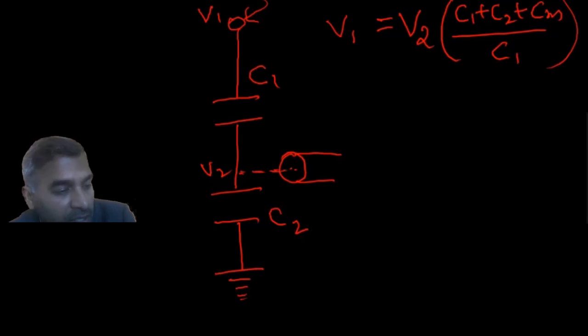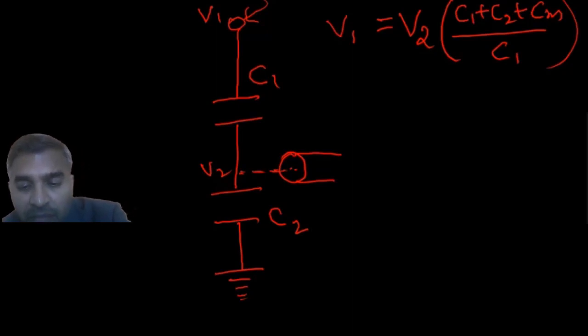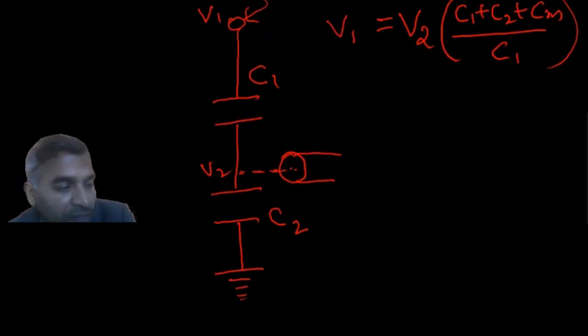I am asking the relative values of C1 and C2. Let us come back to Cm later. First let us discuss the relative values of C1 and C2, which should be high. If C2 is high, then V1 is directly proportional to C1 and V2 is directly proportional to C2.